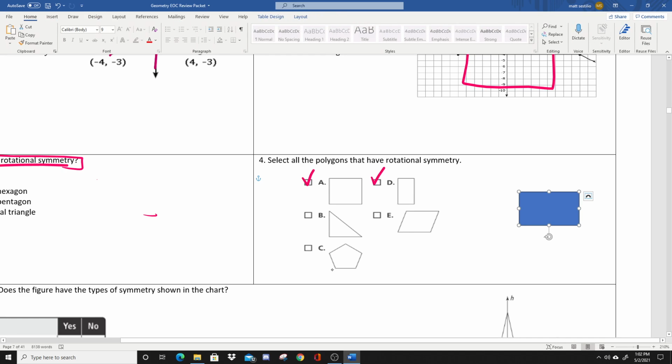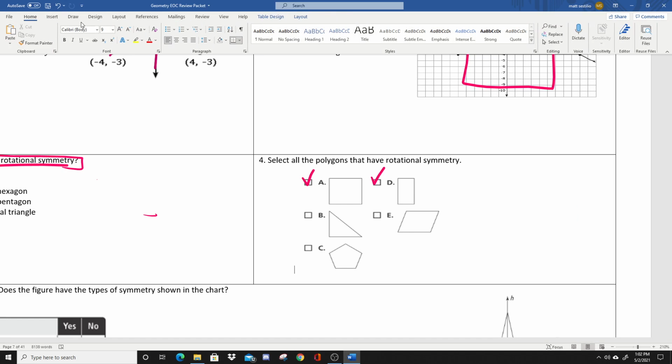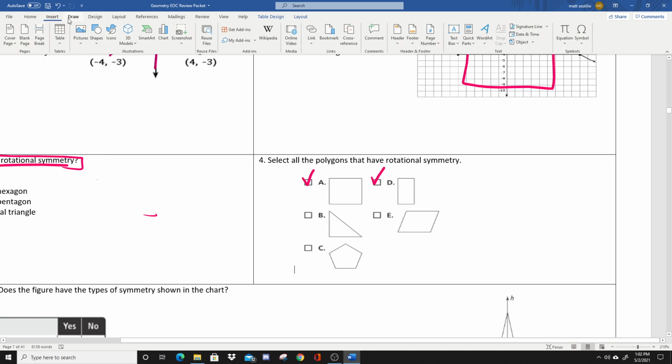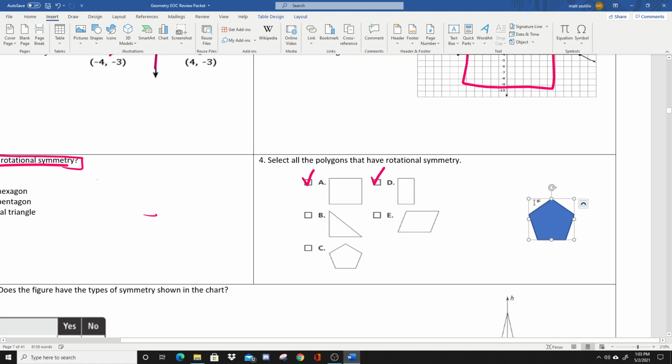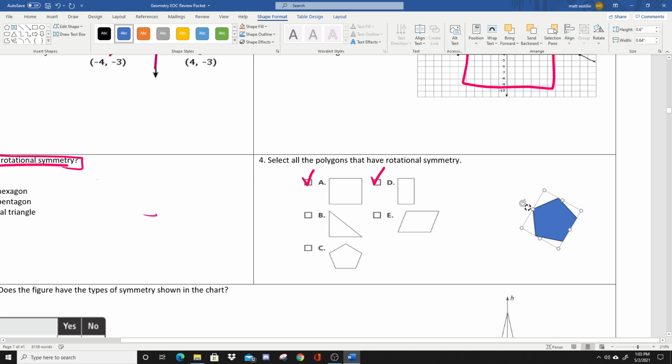I'm pretty sure the only way for the pentagon would be if it is 360, which doesn't count. That's kind of like cheating. So is there any other one other than going all the way around that it would look the same?